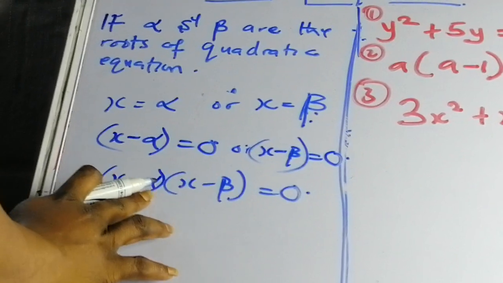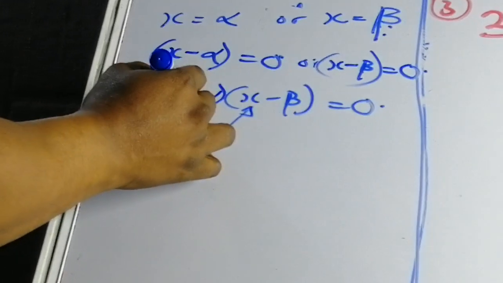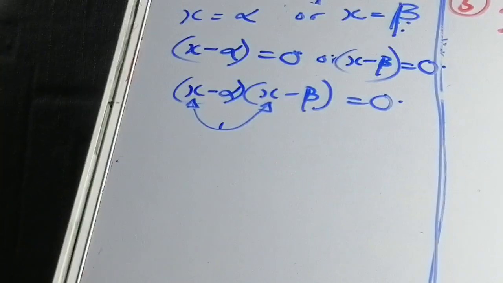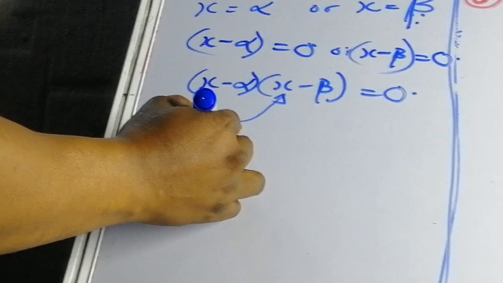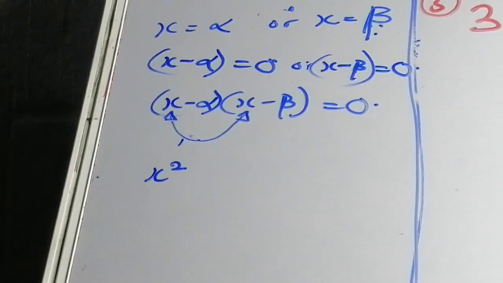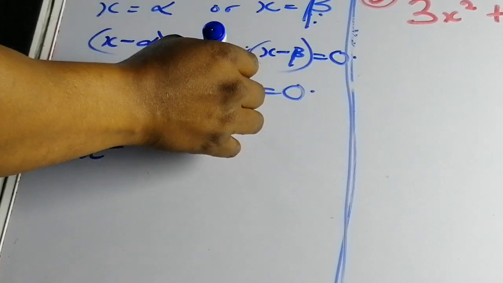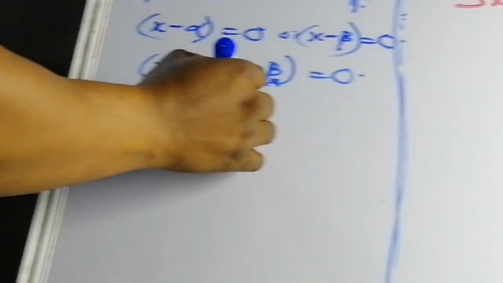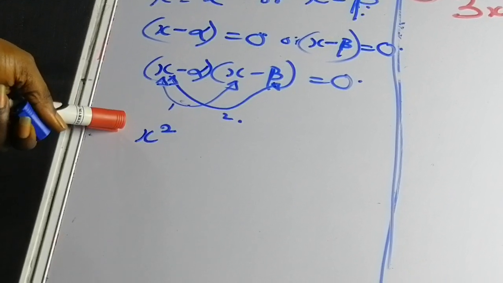Now from here, I can expand this, difference of two squares, don't forget. This times this, that's the first step, gives us x square. The second one is x times x, that's x square.